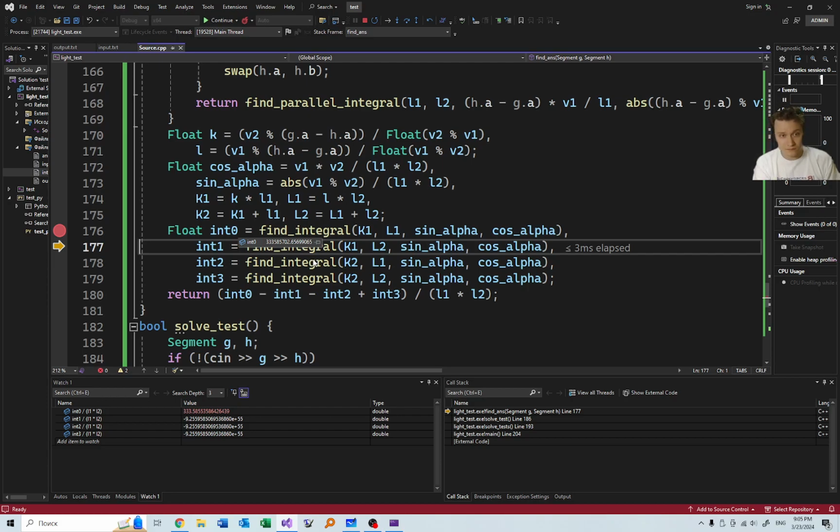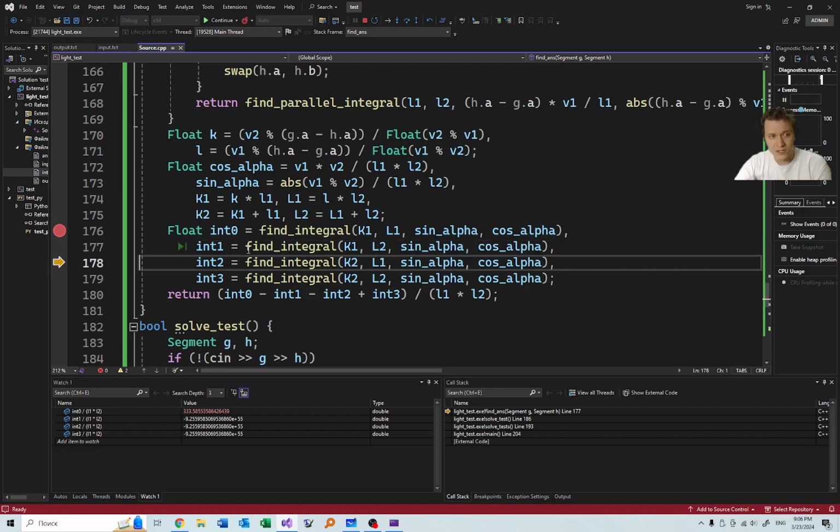Times million cubed. Okay, in this case, it's kind of fine. What about int1 and int2? It should be double because one of the segments is doubled, and the answer is double. So it should be 1,333,000,000. I want to see instead, we see a bit more. Okay, this is fine, but this is much bigger than you need to have.